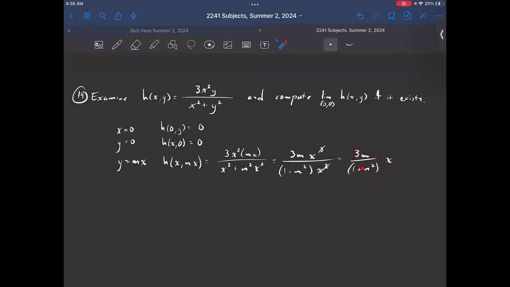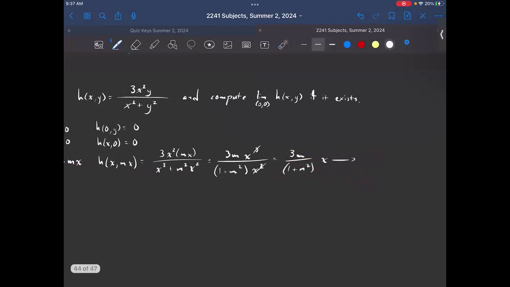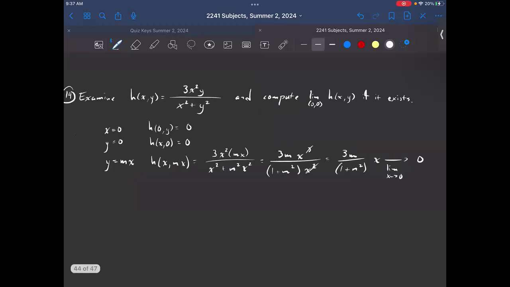But with this coefficient in front, and these are just constants. M is any number from negative infinity to infinity. And if I take the limit as x goes to 0 here, then this gives me 0. Okay, so that works as well.